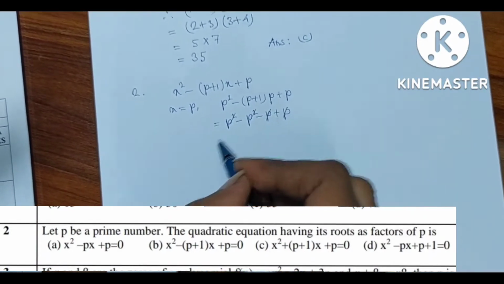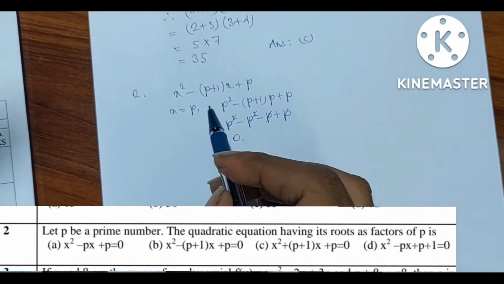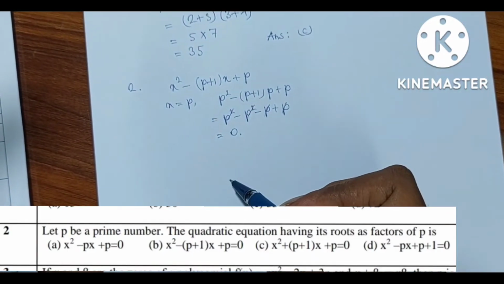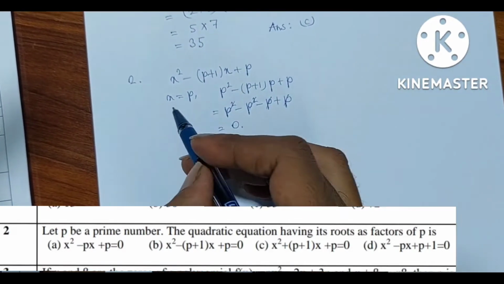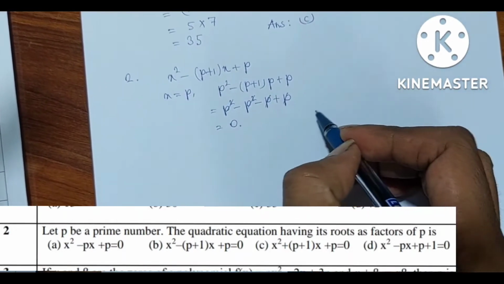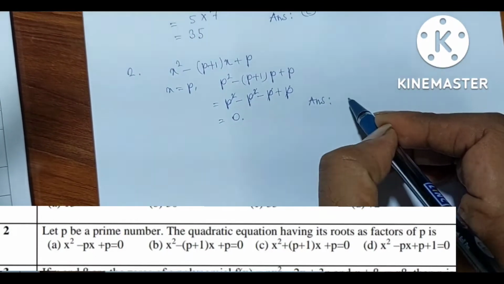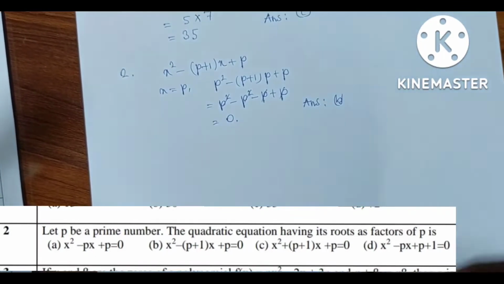So the result is 0. That means the second equation, the equation in option B, is satisfied by x equals p. So your answer is B.